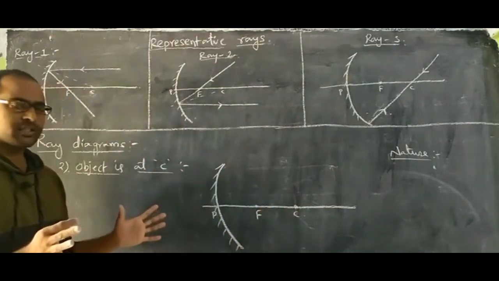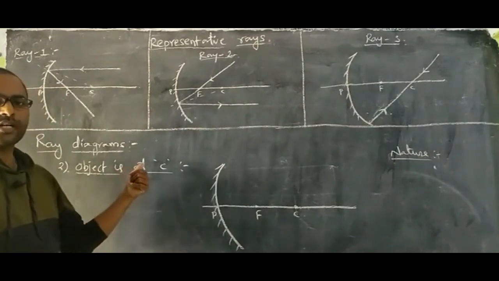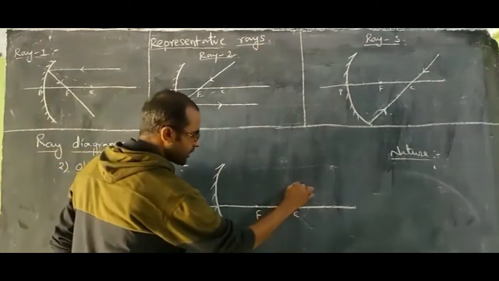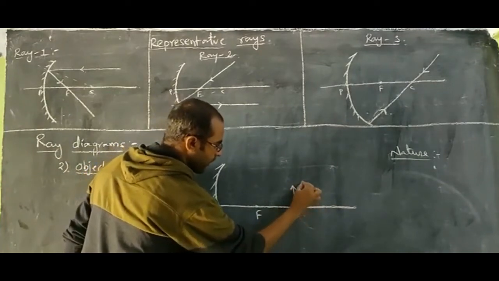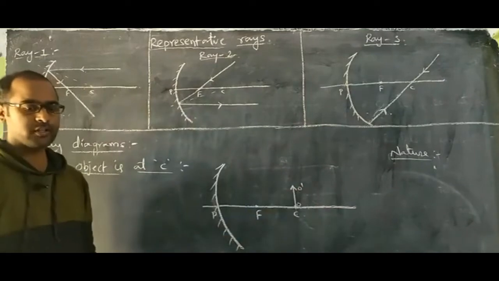Now where is the object? The object is at the center of curvature. Let us place the object at the center of curvature and represent it as O dash. These representations are very important.